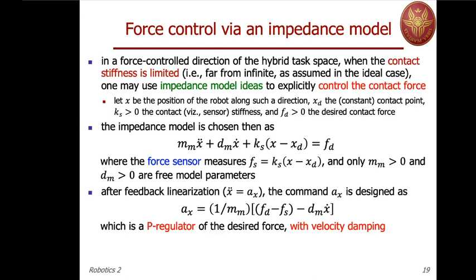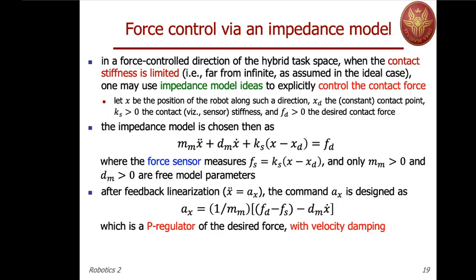So the a of x, the input command on the linear side of the problem, will simply be 1 over the apparent mass. If you bring Ks (x minus xd) to the other side, and remember that this is the sensed force, you will create a force error, Fd minus Fs, and you will also bring the damping to the other side.